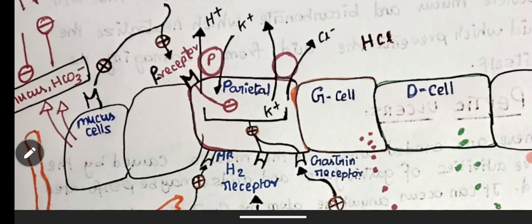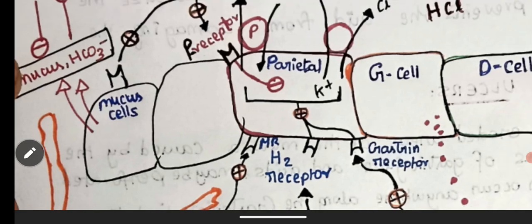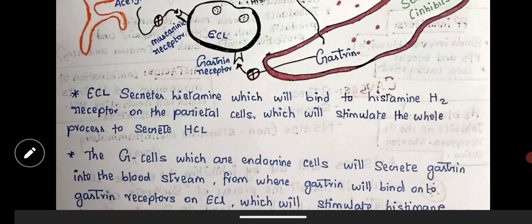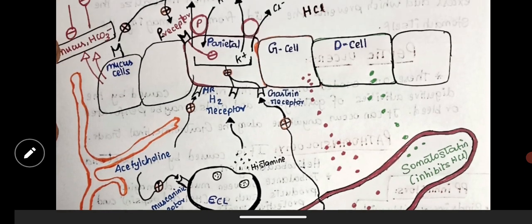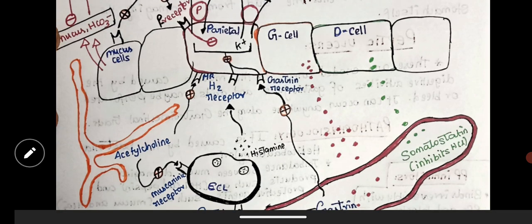Sorry, this is not going to inhibit, this is going to promote the process of HCl secretion. That's how I have written here. ECL secretes histamine, which will bind to the histamine receptor on the parietal cells, which will stimulate the whole process to secrete HCl into the lumen. This is for ECL.